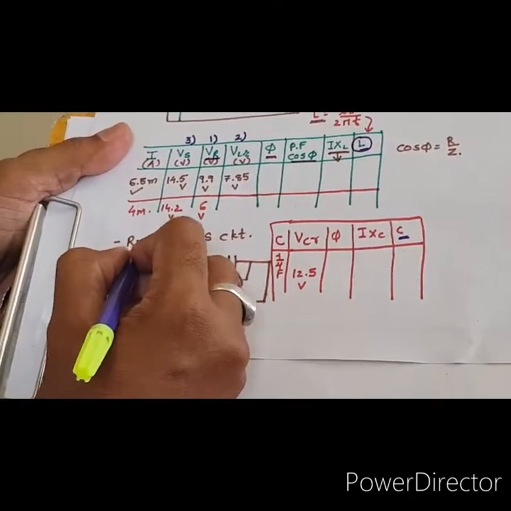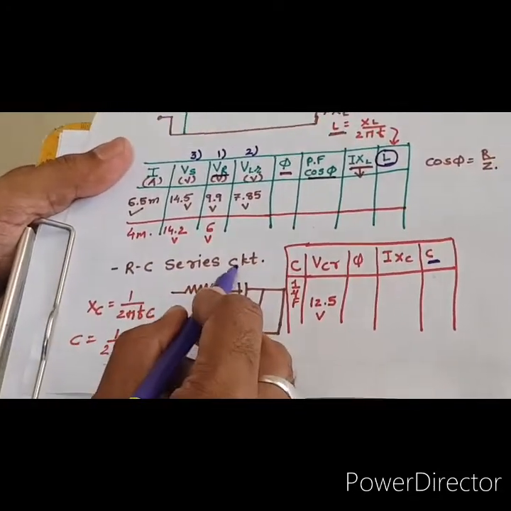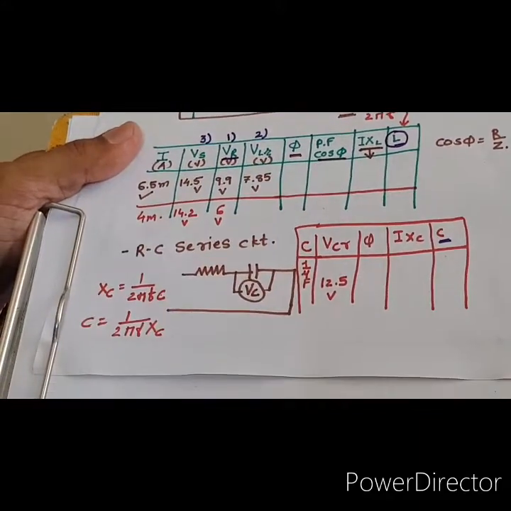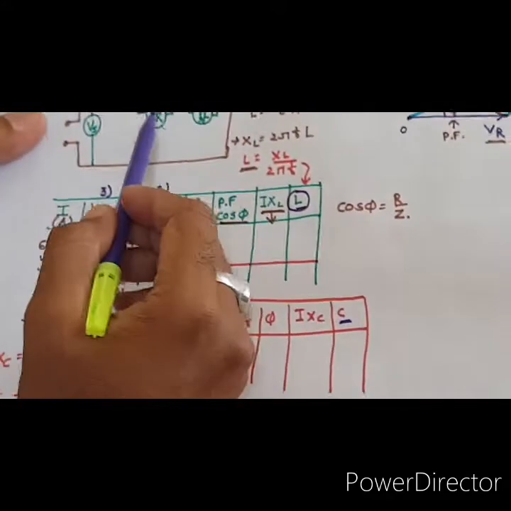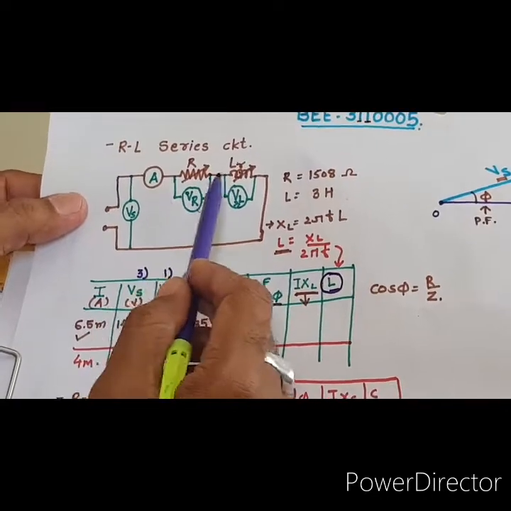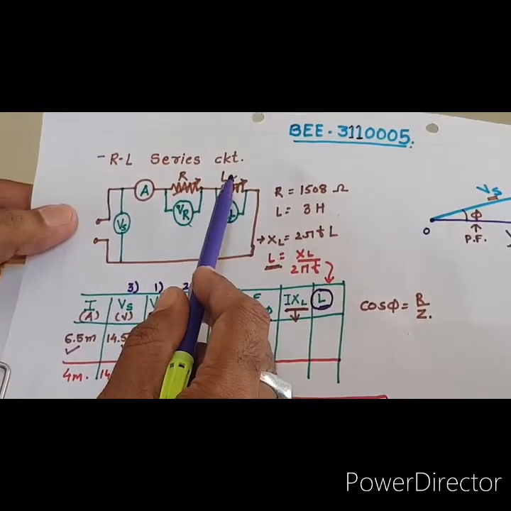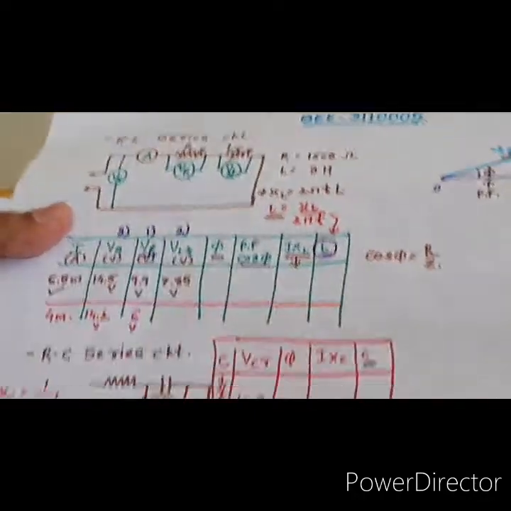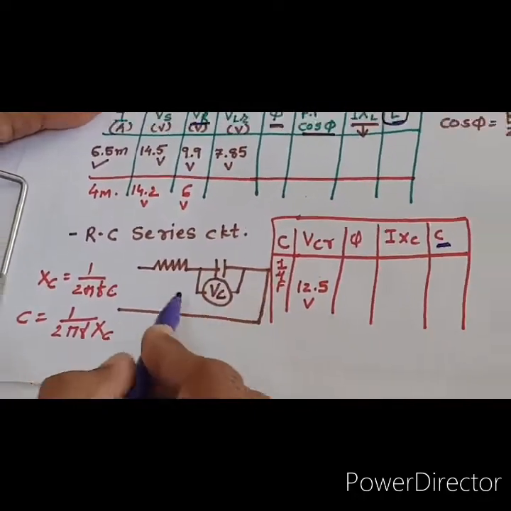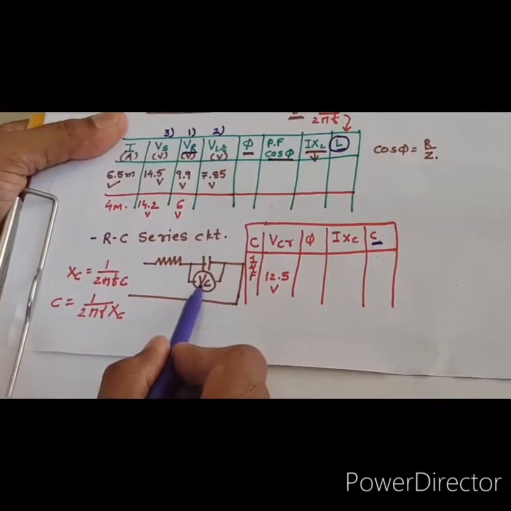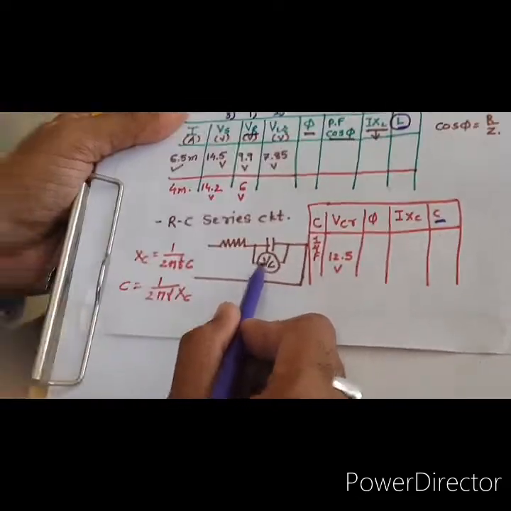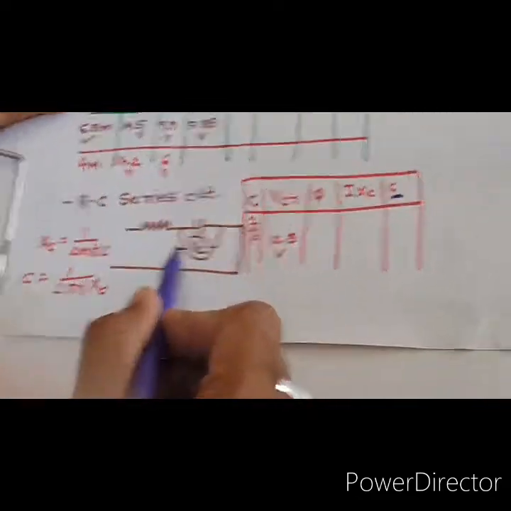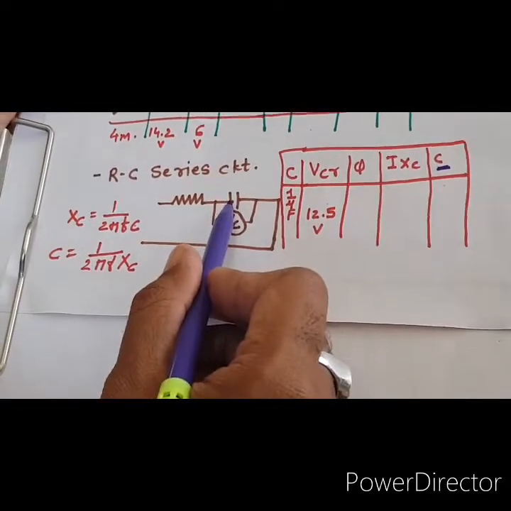Now we will see the second case, the RC series circuit. As per the previous circuitry, there is one change. We are replacing the inductor choke coil with a capacitor, and the voltmeter measures the voltage drop across this capacitor.